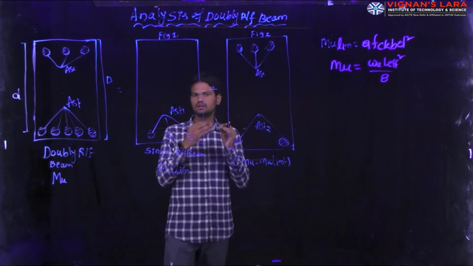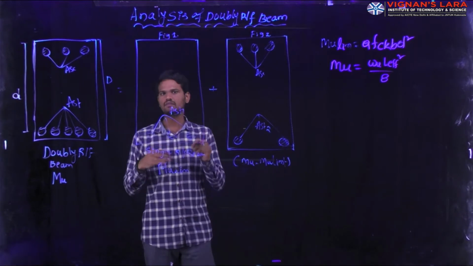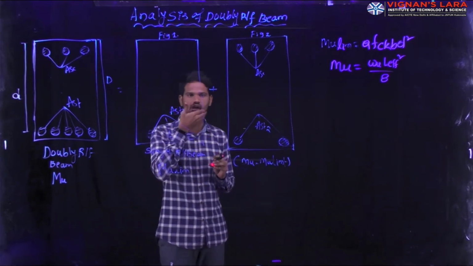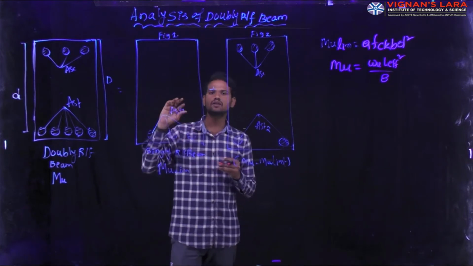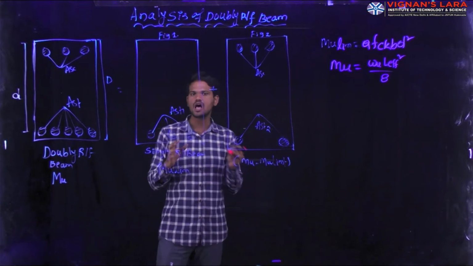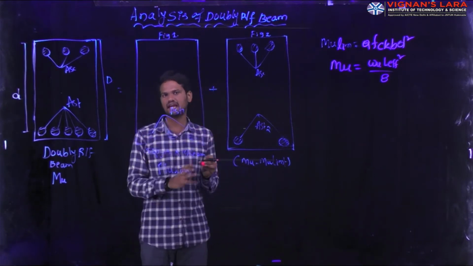To resist these, we provide the reinforcement; that means we are designing the beam. The design procedure of the singly reinforced beam we have already discussed, including the limiting capacity of the beam.